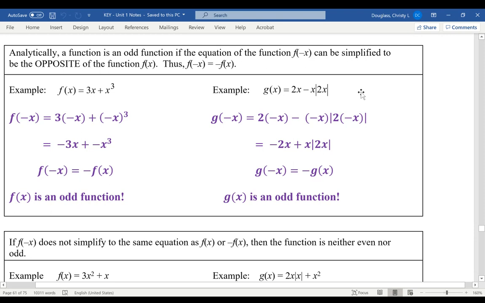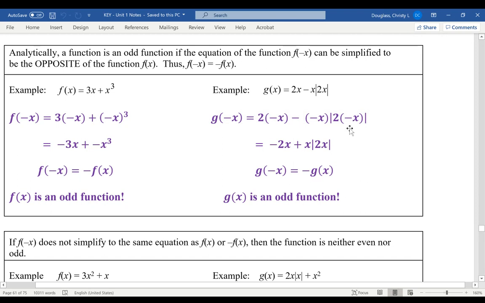All right, for g of x, we substitute negative x in place of x. Of course, 2 times negative x is just negative 2x. When we replace x with negative x inside the absolute value bars, that is exactly the same as having a positive x inside the absolute value bars.